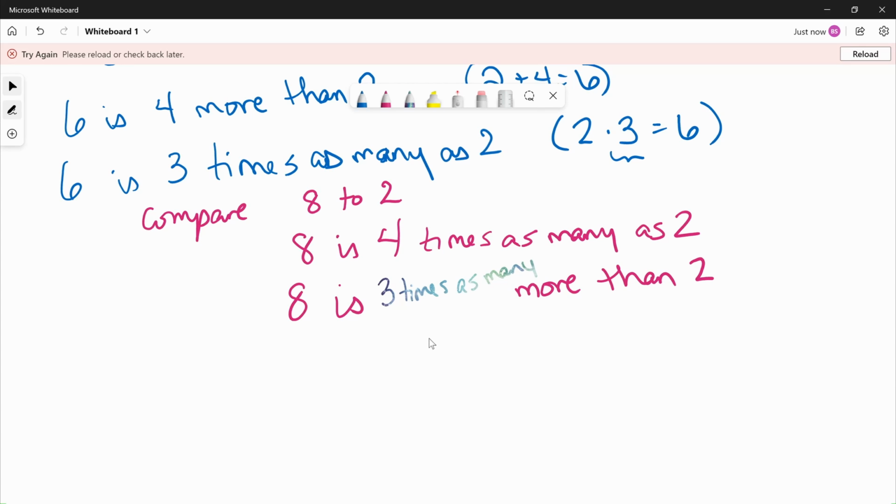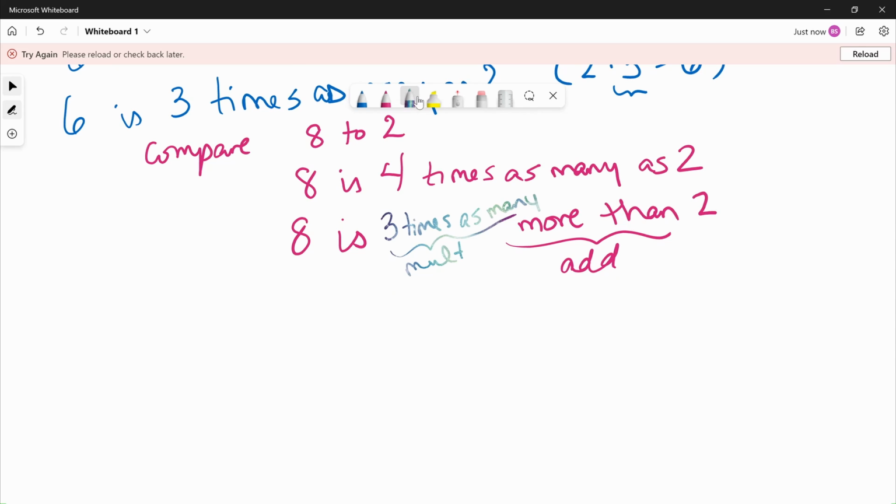When we use this times as many more than, what we really have here is the multiplication and the addition. So what we really need to do is to multiply as well as to add. So 8 is 3 times as many as 2, more than the 2 itself.